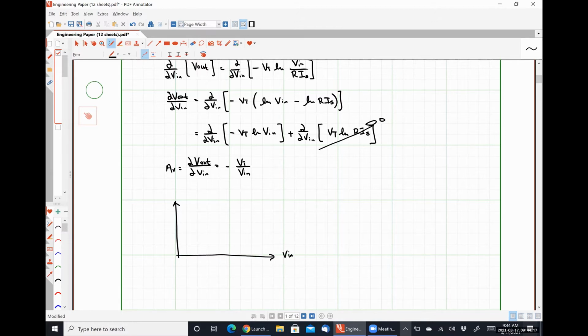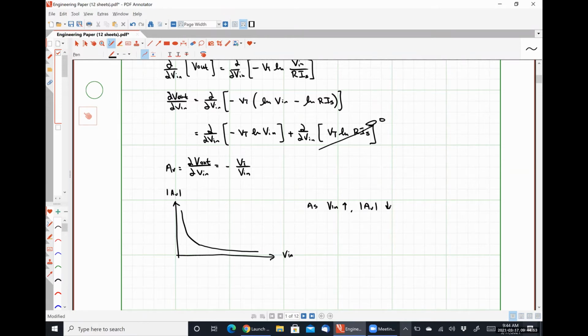So if we plotted this, here is Vn, and here is the magnitude, because I just want to deal with positive numbers for now. It's going to look something like this, where we see that as Vn increases, the magnitude of AV decreases.